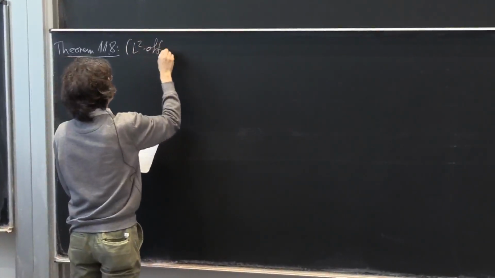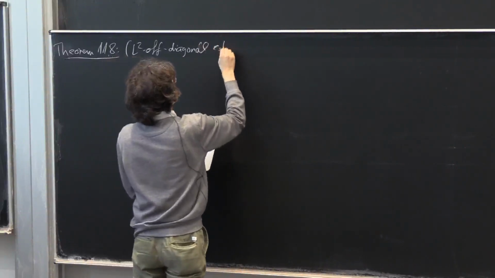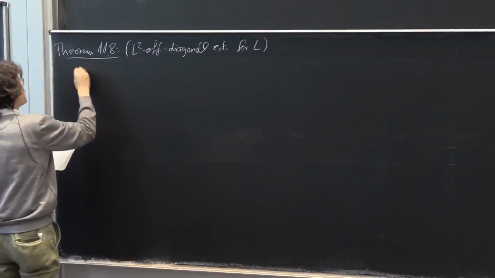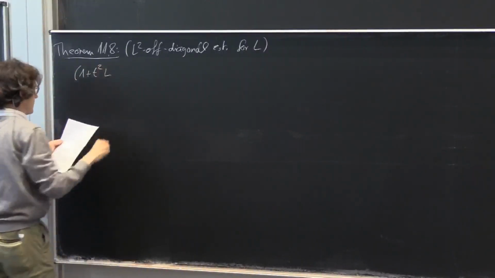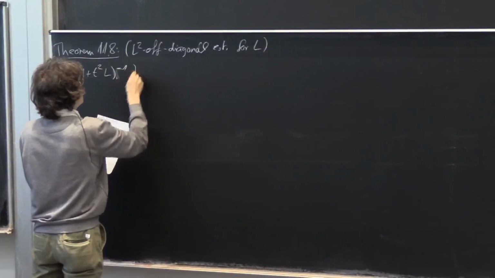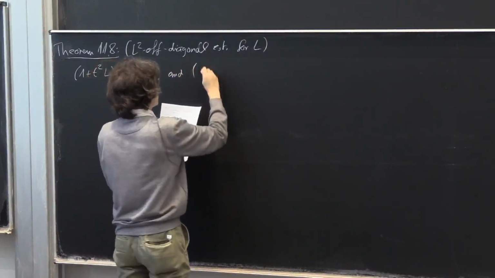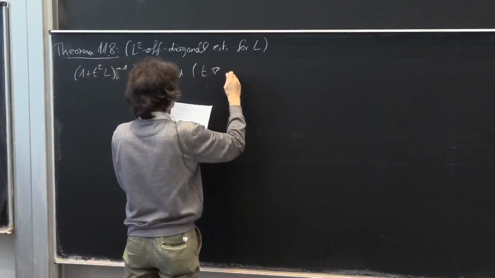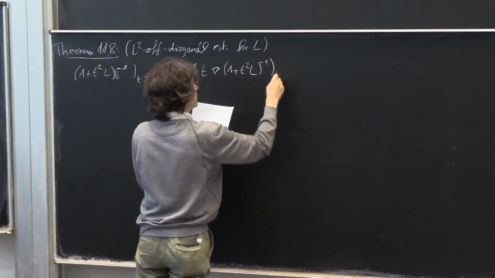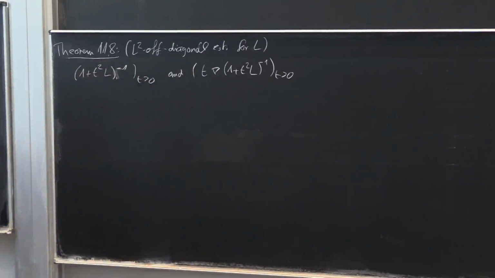So this Theorem 11.8 is about L2 off-diagonal estimates for L. And what we will prove is that the family (1 plus t squared L) to the minus 1, so the resolvents of L for t greater 0, and t times the gradients of the resolvents, so the gradients of the resolvents also fulfill off-diagonal estimates if you do the correct scaling, so if you multiply by t.